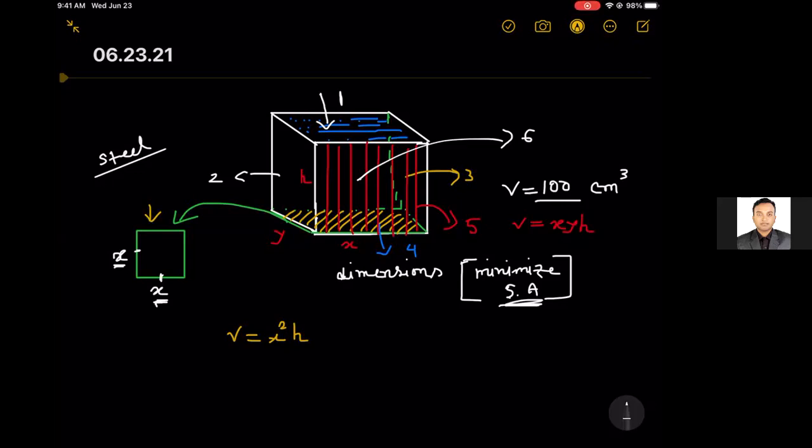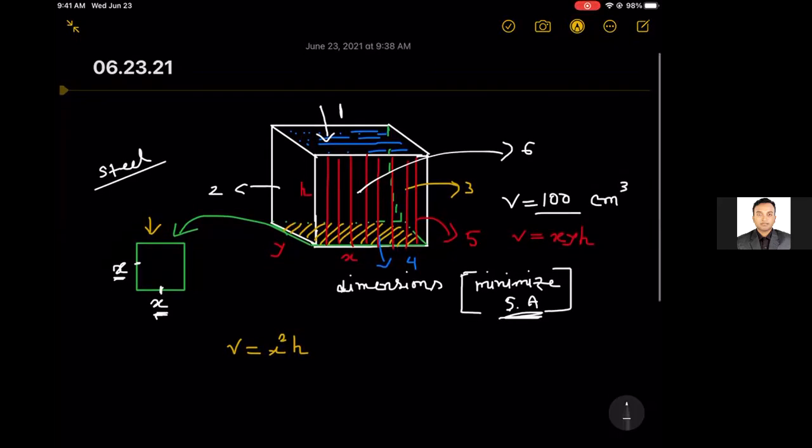Okay. Now, let us calculate the surface area one by one. Let's start with the base. It's a squared shape surface. So what should be the area of it?